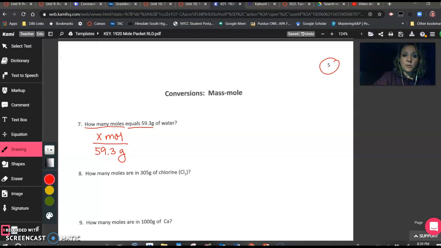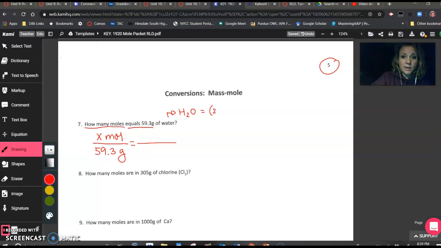to 59.3 grams. Now, water, as you already know, has the chemical formula of H2O. And in order to set up the right-hand side of my proportion, I first need to find the molar mass of water.